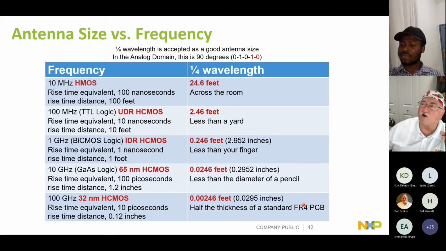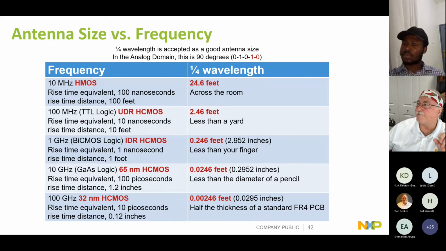Structures on the die are large enough to be radiating antennas. If the field spaces are not managed carefully, there will be massive amounts of radiated emissions because we have a switch changing voltage and applying it to a space with a conductor that's a quarter wavelength.